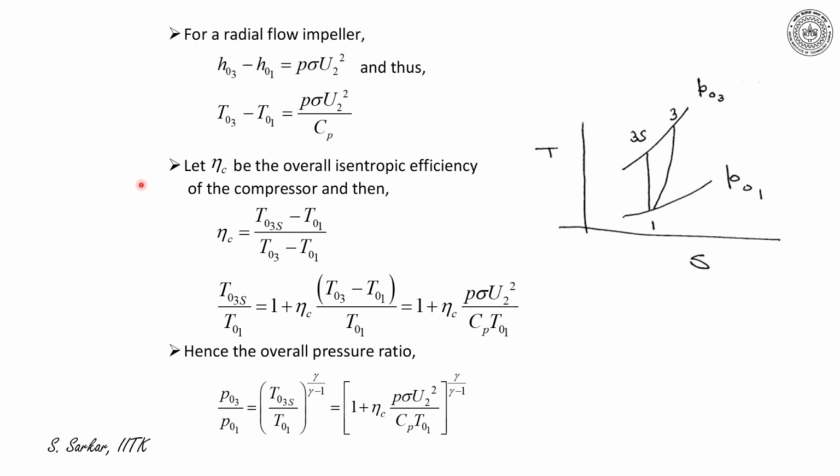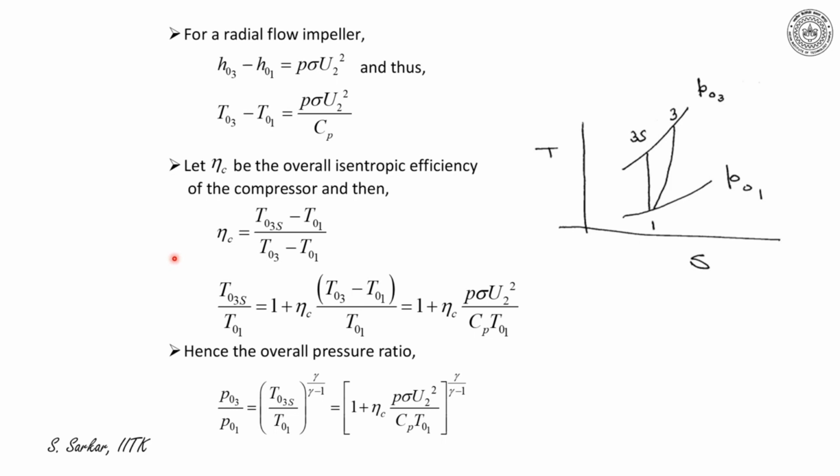Let us consider eta C be the overall isentropic efficiency of the compressor. Then eta C can be stated as T03S minus T01 divided by T03 minus T01.